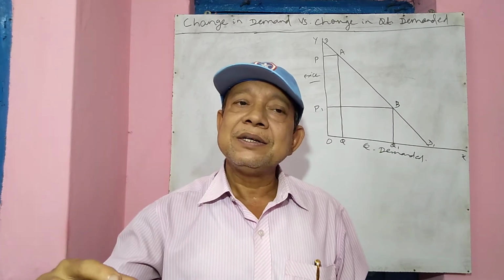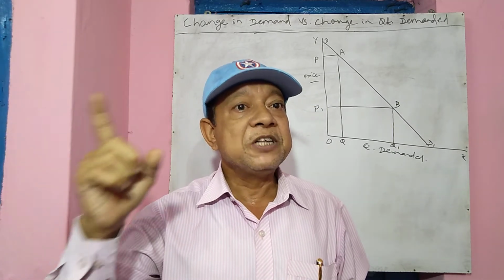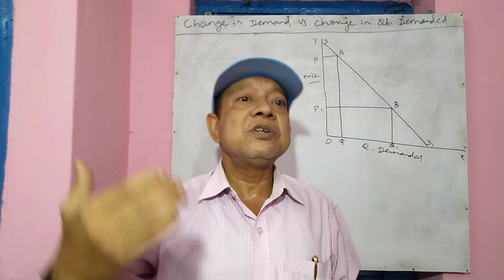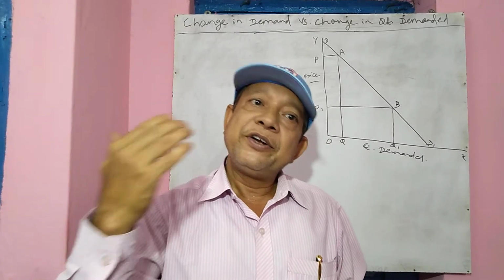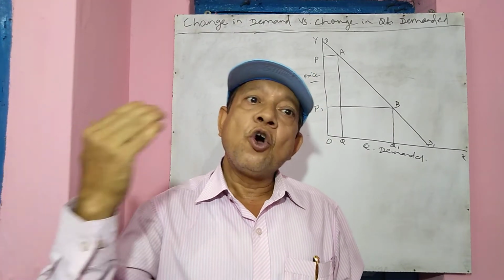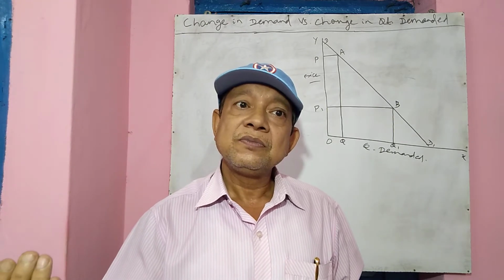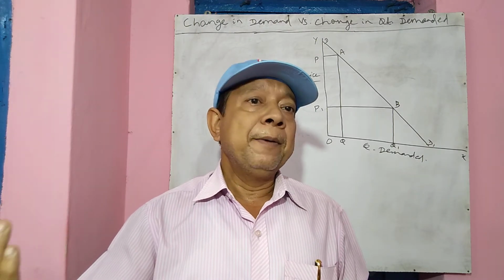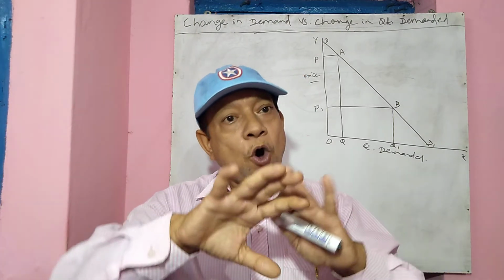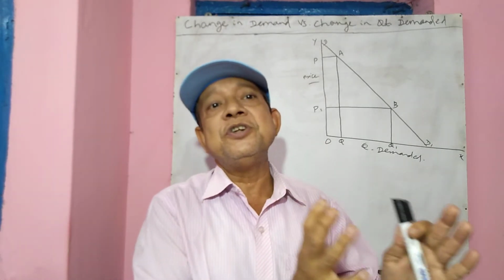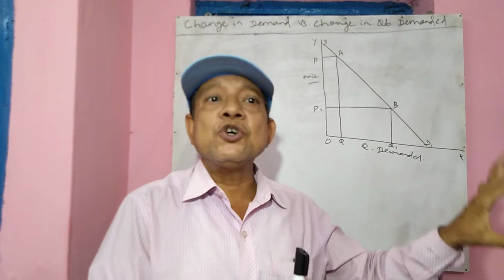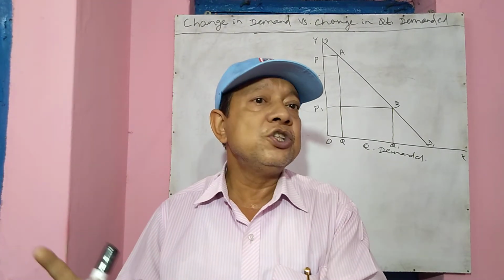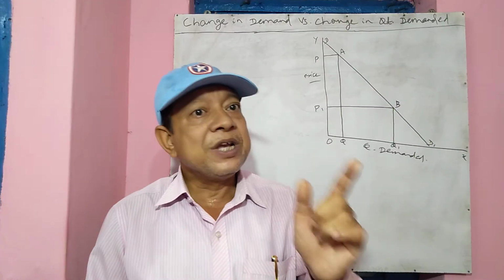Other variables like price of the related goods, meaning price of substitute goods or complementary goods, taste and fashion of the people will change, technology will change, government tax policy will change, then time change, climate change. So all these variables also influence demand. Keeping price constant, when there is a change in all these variables, that also brings a change in the demand. Therefore we call this change in demand.